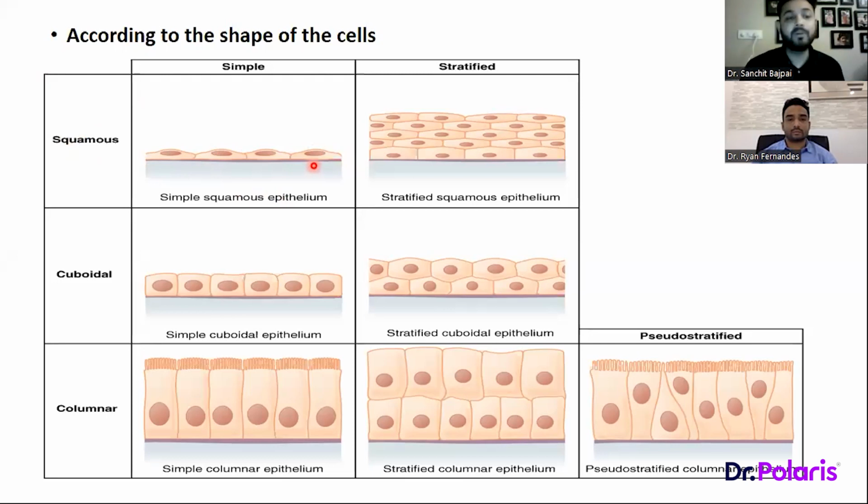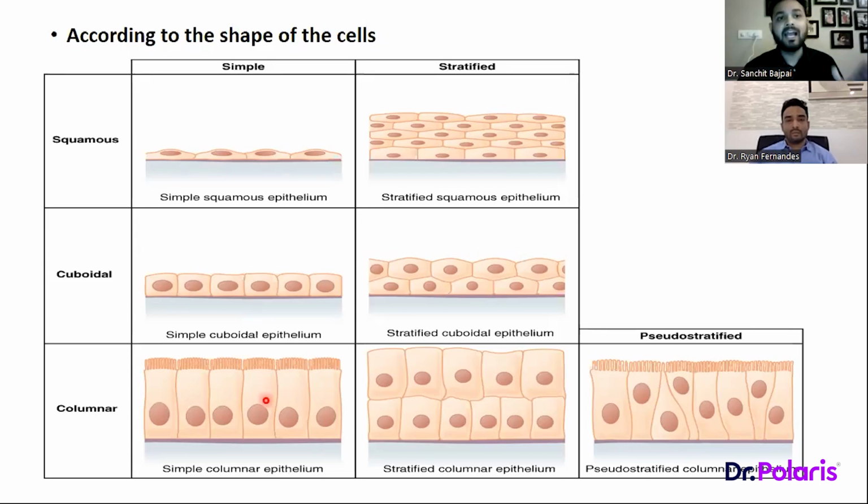So what do we call them? We call it squamous. Now, the other kind of cells are cube-like, so we call it cuboidal. Similarly, if you see these cells in the form of columns, what do we call them? Columnar. So squamous, cuboidal, and columnar. These are the three types on the basis of shape.